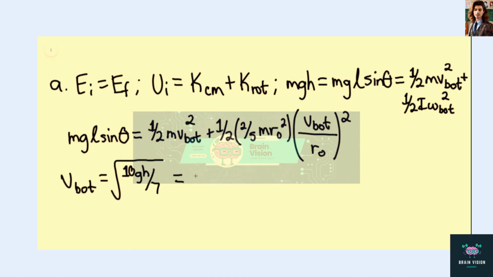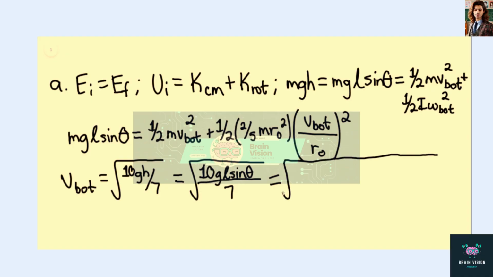And so this equals the square root of 10 gl sine of theta over 7. And we can solve. So this would be 10 over 7 multiplied by 9.8 meters per second squared, multiplied by 10.0 meters, and then times sine of 30 degrees.